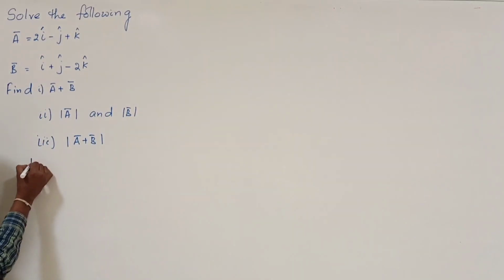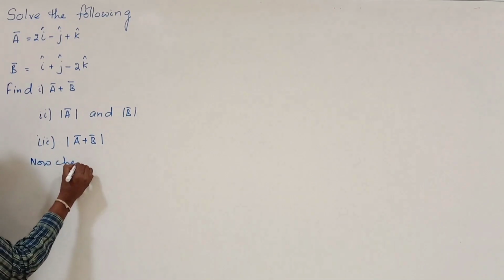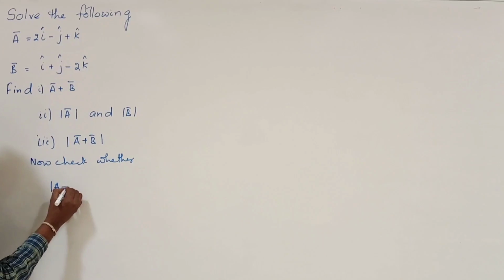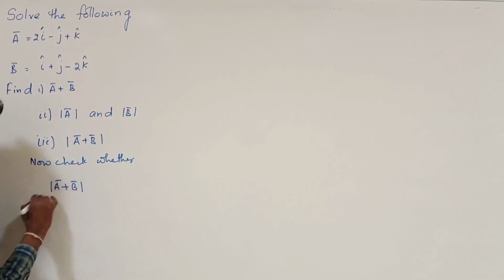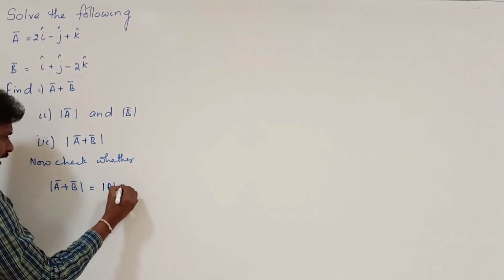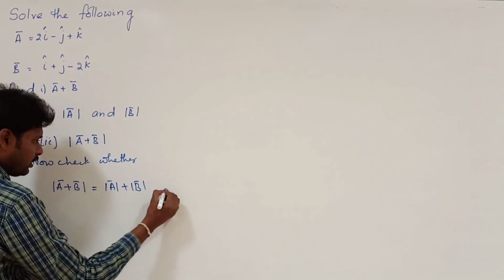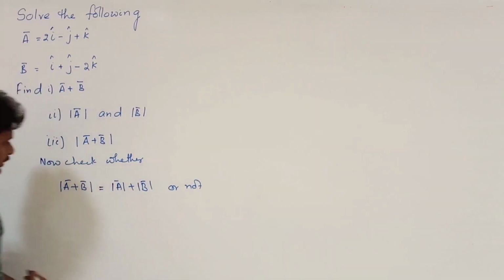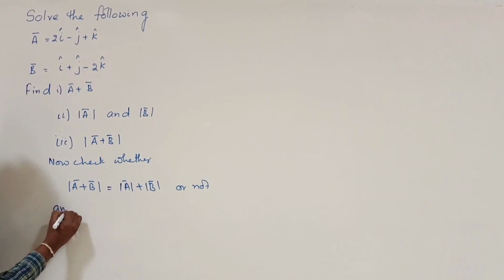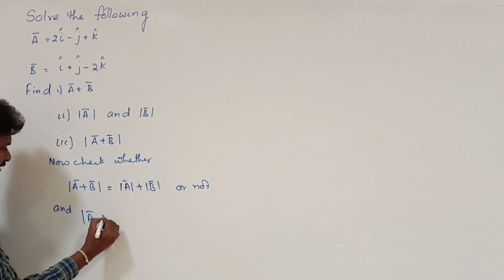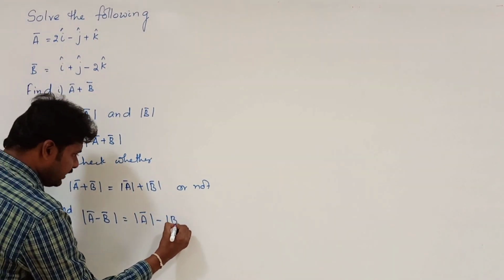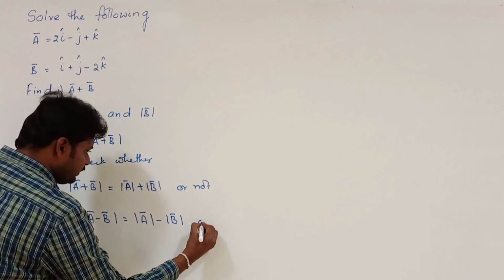Okay, now check whether mod of vector A plus B is equal to mod of A plus mod of B or not. You can check it. If they are equal, you can write equal, otherwise it's not equal. And mod of A minus B is equal to mod of A minus mod of B or not.